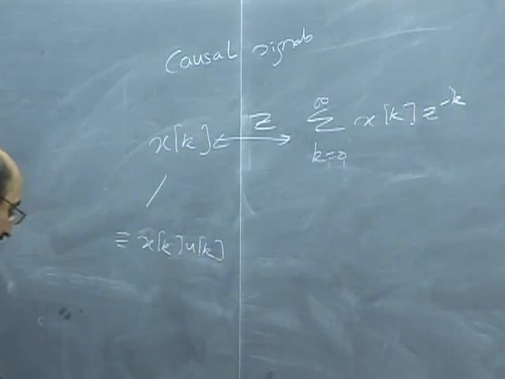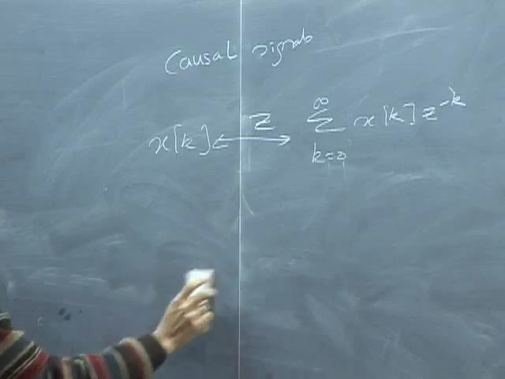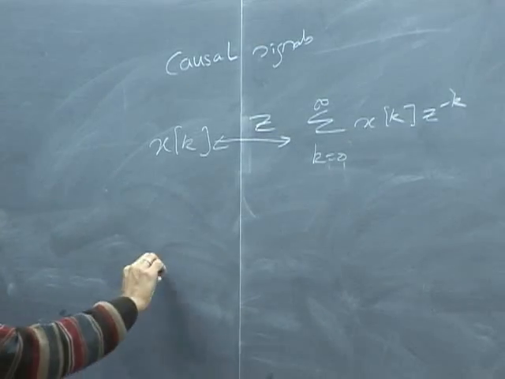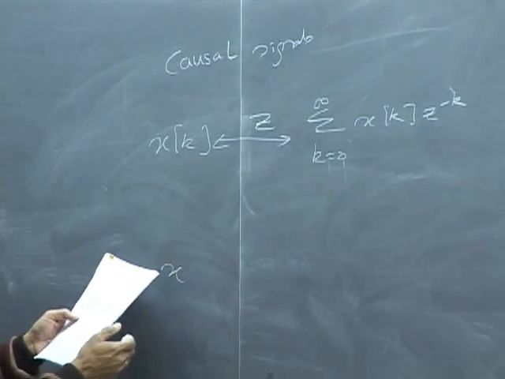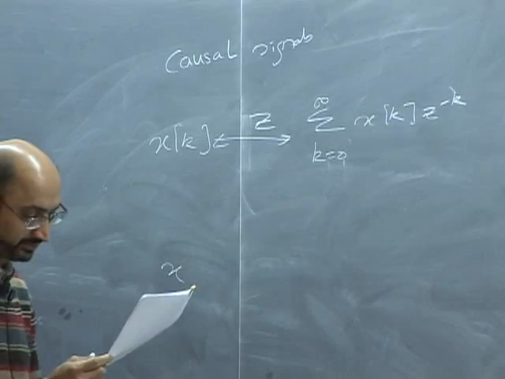And then the inverse transform. The inverse transform is a bit complicated, and I'll give you the expression for it. That should not be x(t), that should be x[k].